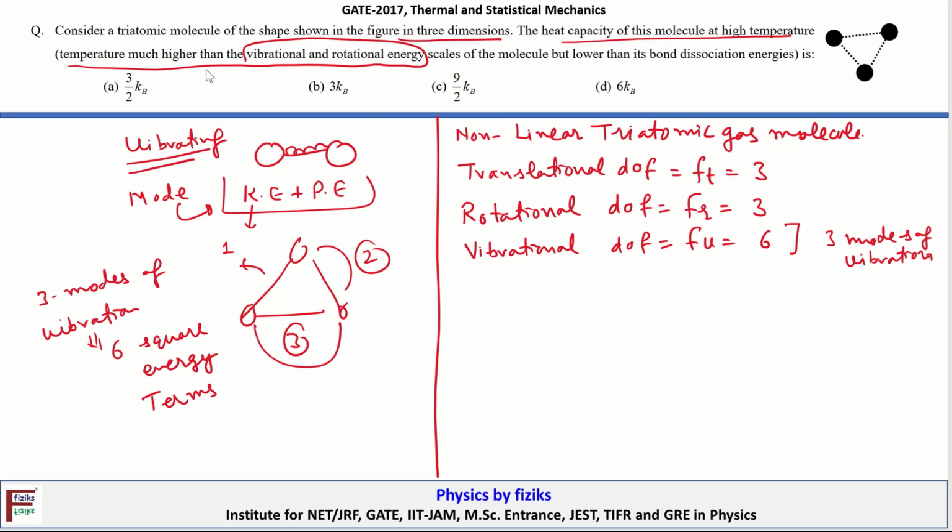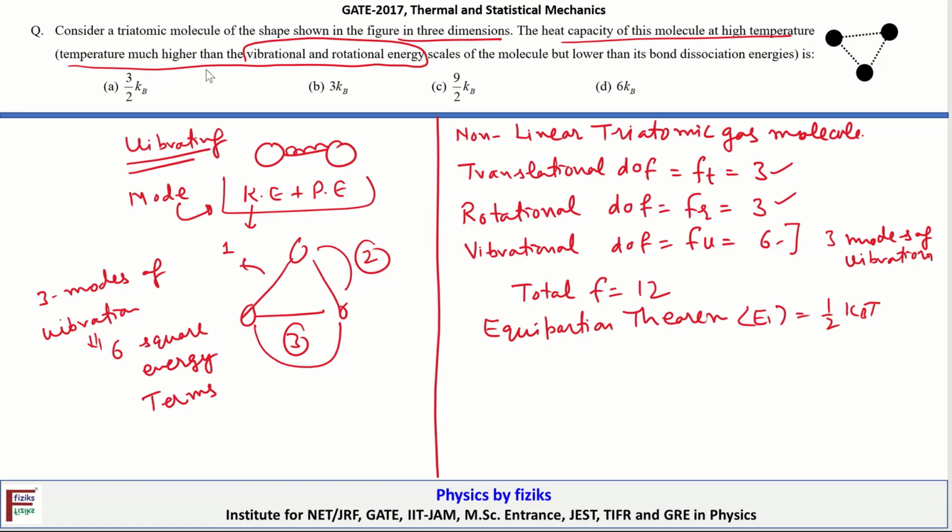So in total, the total degrees of freedom, total F, is equal to 3 plus 3 plus 6, which is 12. So from the equipartition theorem, we know that a single degree of freedom contributes half kT to the total average energy of the system.